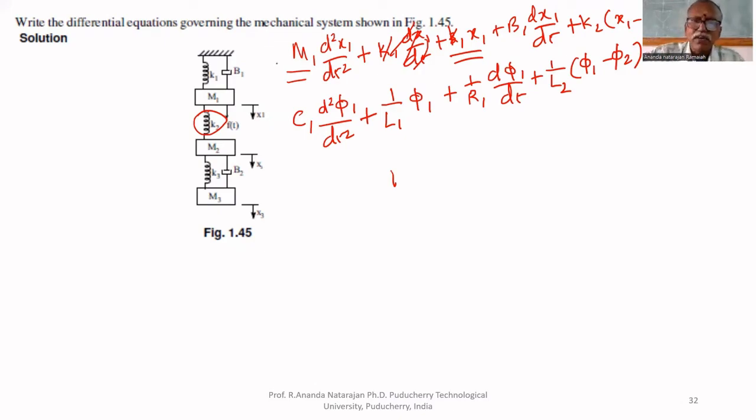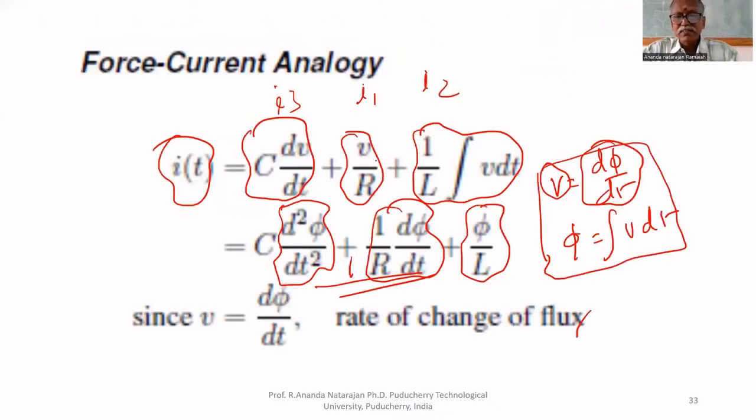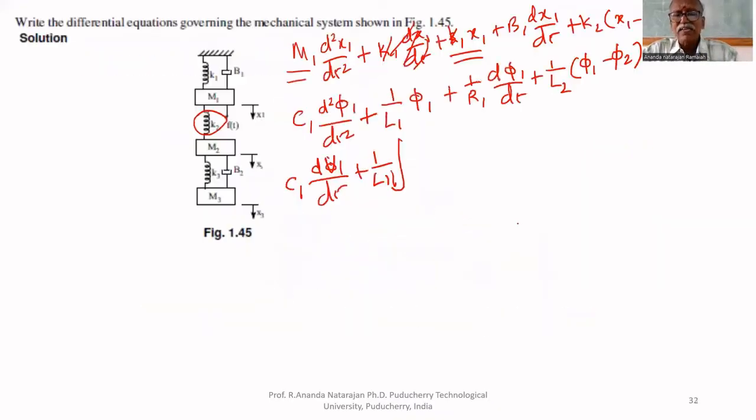Now we have to write in terms of voltage. D phi by dt equal to voltage. Therefore, C1 dV1 by dt plus 1 by L1 phi, where phi equal to integral of V dt.